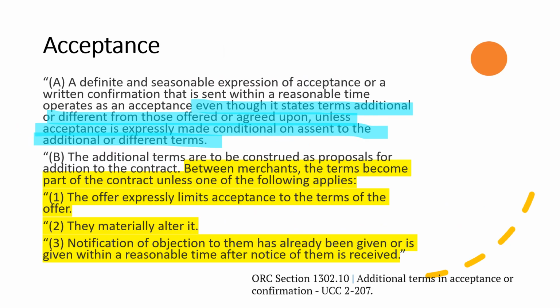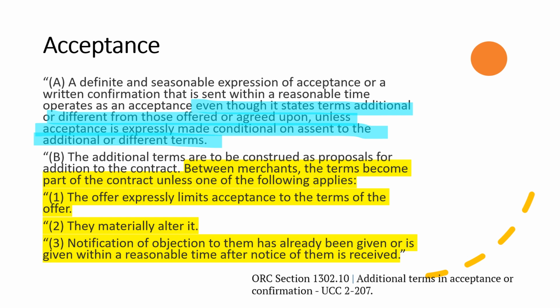Let's talk about acceptances under the UCC. Again, this is from the Ohio Revised Code, section 1302.10. A definite and seasonable expression of acceptance or a written confirmation that is sent within a reasonable time operates as an acceptance, even though it states terms additional or different from those offered or agreed upon, unless acceptance is expressly made conditional on assent to the additional or different terms.